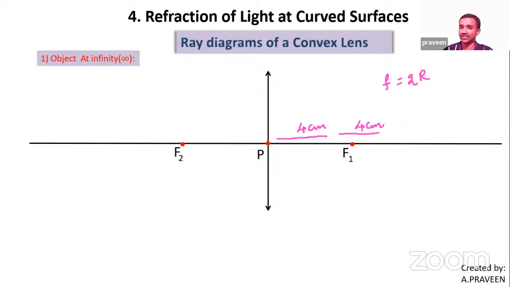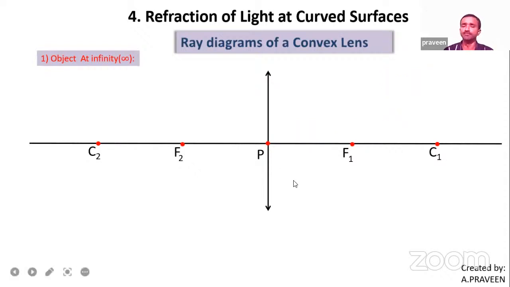So PF1 distance is always equal to F1C1 distance, and PF2 distance is always equal to F2C2 distance. So this logic you have to follow and also practice in your ray diagrams.